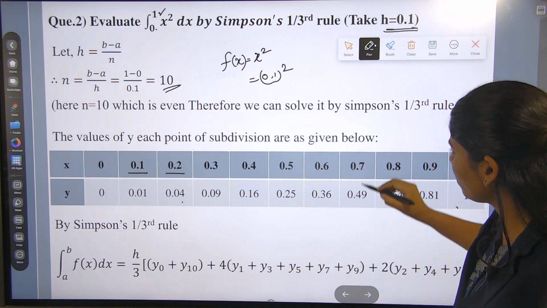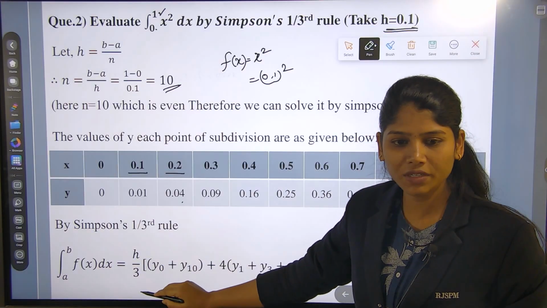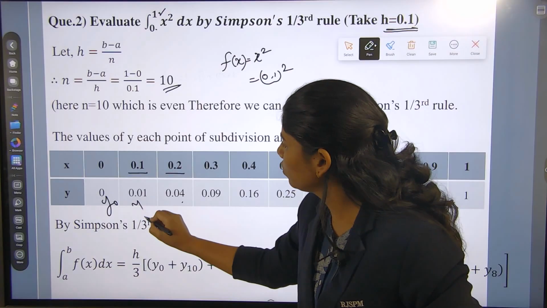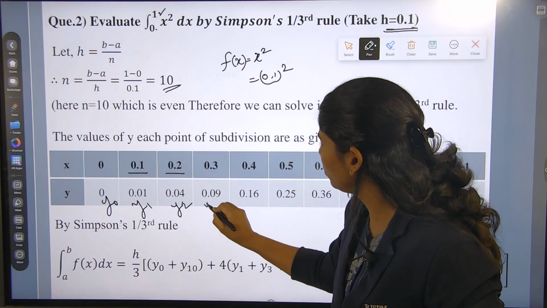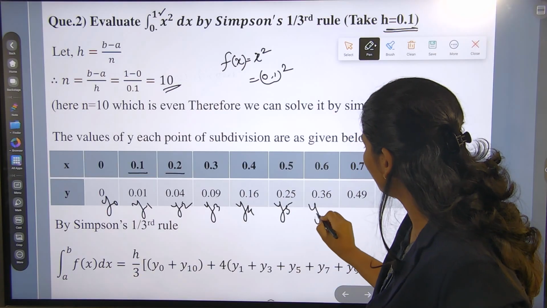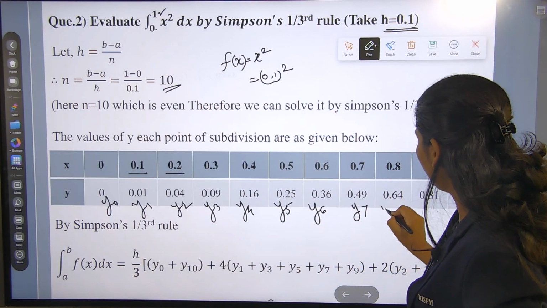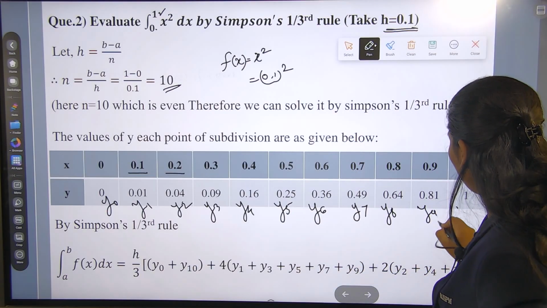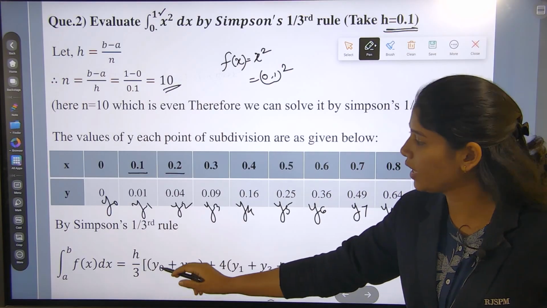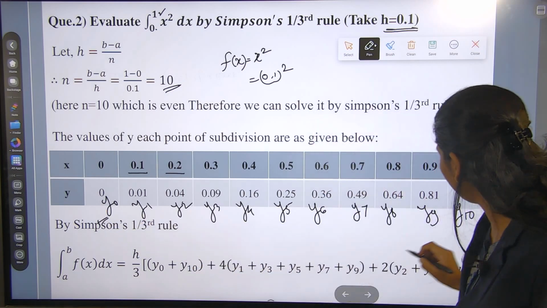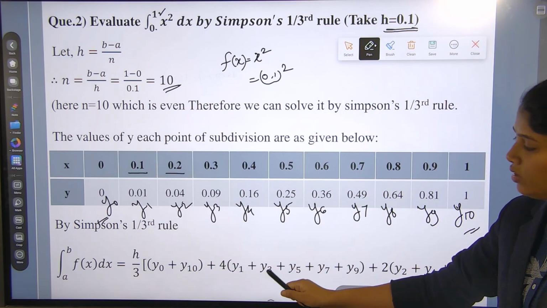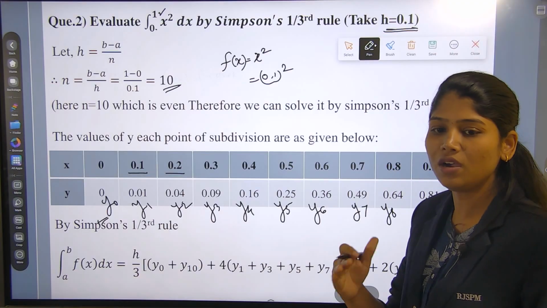We know the Simpson's formula, h upon 3 in bracket y0, y1, y2, y3, y4, y5, y6, y7, y8, y9 and y10. H upon 3 in bracket the sum of the first term and last term, so y0 plus y10, plus 4 times the odd terms.